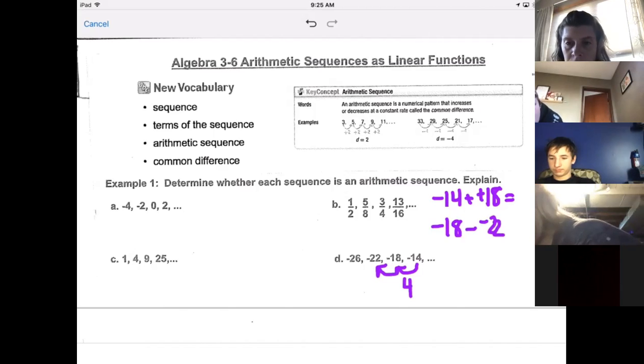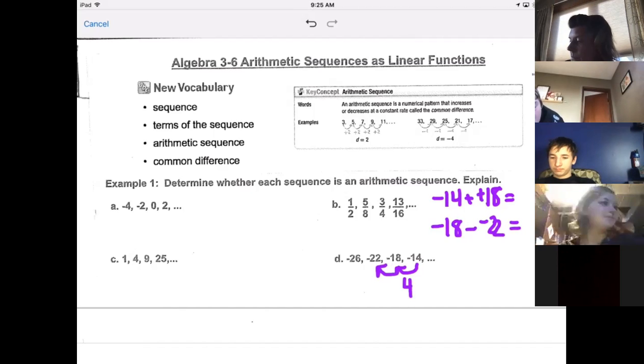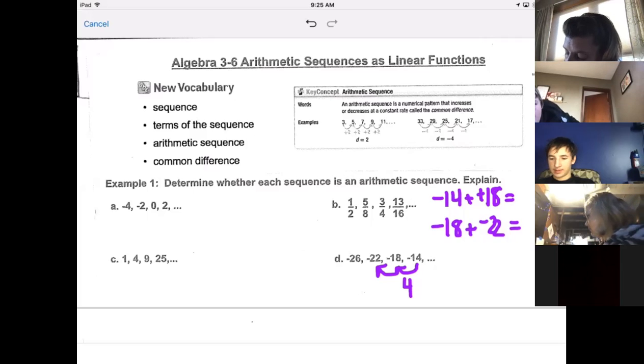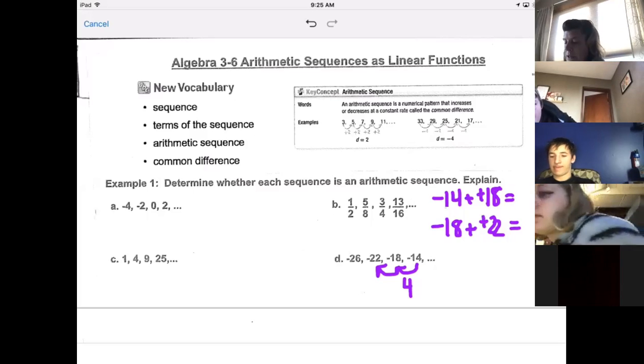All right, the next one, we're gonna do -18 minus -22. Sean, what do we get with this? -18 minus -22. Do a same change opposite. So same change opposite. So now we have -18 plus 22.